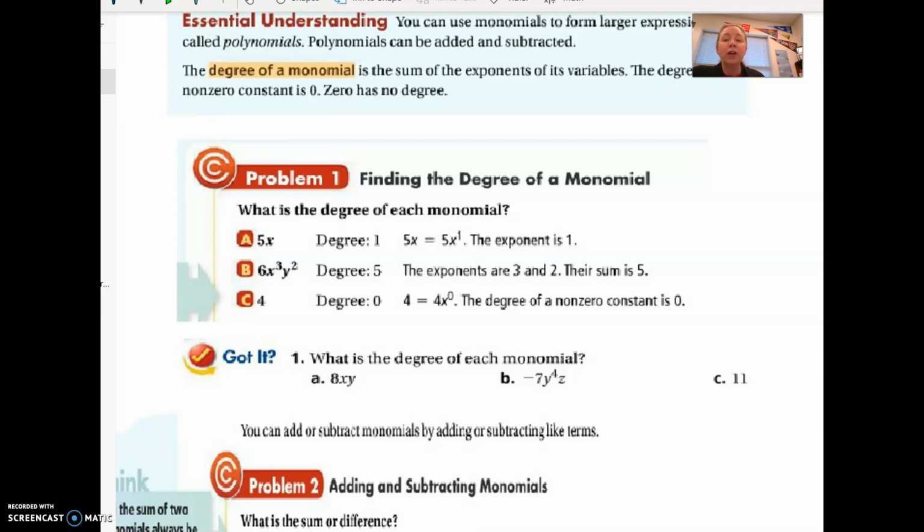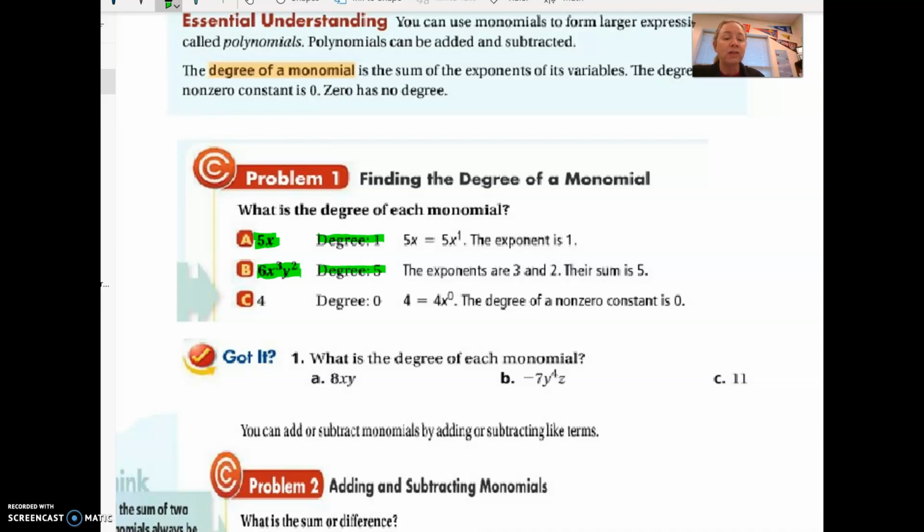If we look at example 1 here, finding the degree of a monomial, these examples are already worked out, so you have some to look back on. If it is a monomial, for example, we have 5x here, this first example. We look at the exponent with the variable. In this case, it would just be 1. So we would say this monomial has a degree of 1. If we look here at the next example, we have x and y, and they both have exponents. So we would add them together.